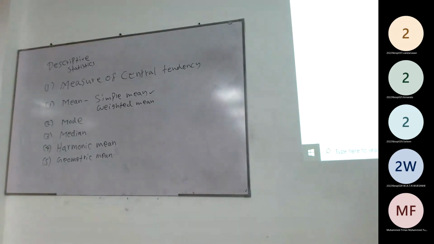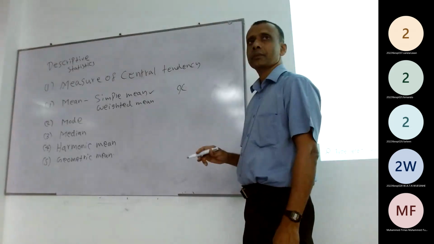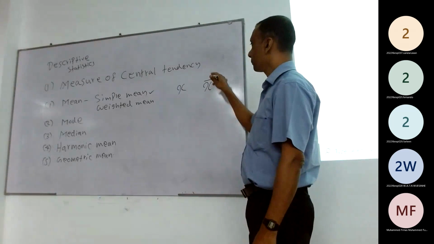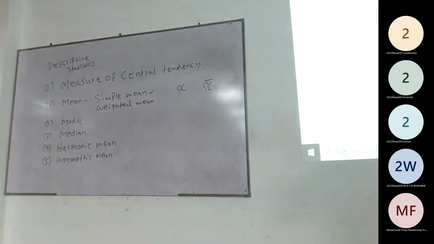Summation of observations divided by the number of observations: sigma x divided by the number of observations. That is the simple mean, the average. If the variable is x, it is x bar. If the variable is y, y bar.